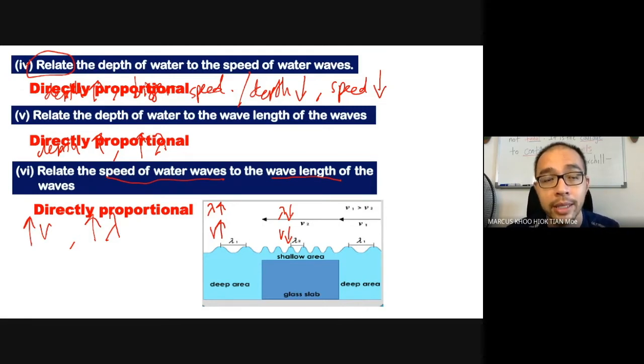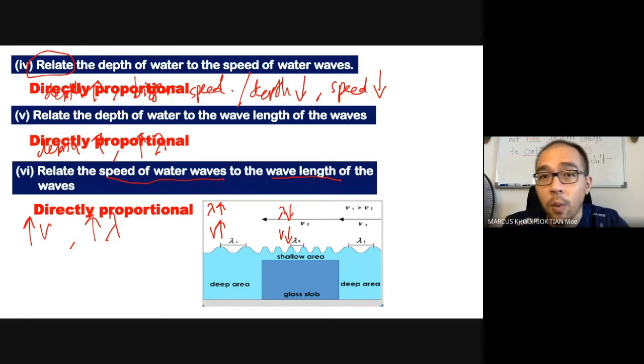In the deep area, the speed will be much faster and the wavelength much bigger. In a shallow area, the speed will be much smaller and the wavelength is also much smaller because it's very shallow. So that is what happens when refraction happens.